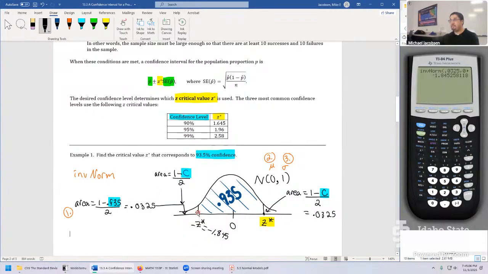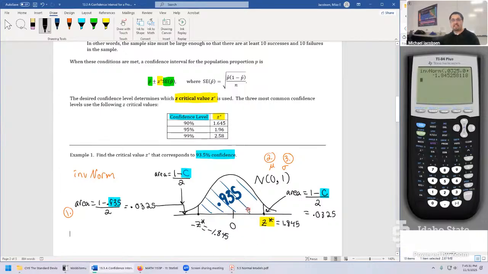But we have complete symmetry across this zero when we use the standard normal curve. It's negative 1.845. Over here, the actual value that we'd be giving is positive 1.845. And so that's the actual critical number that we'd be using. And yeah, it's between the 90% confidence value and the 95% confidence value.